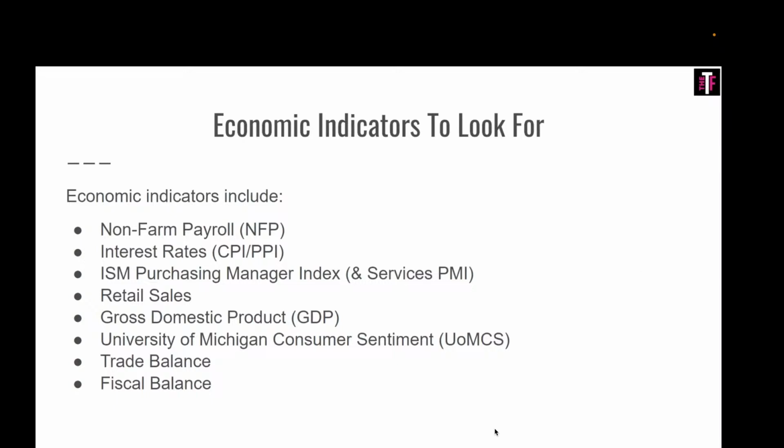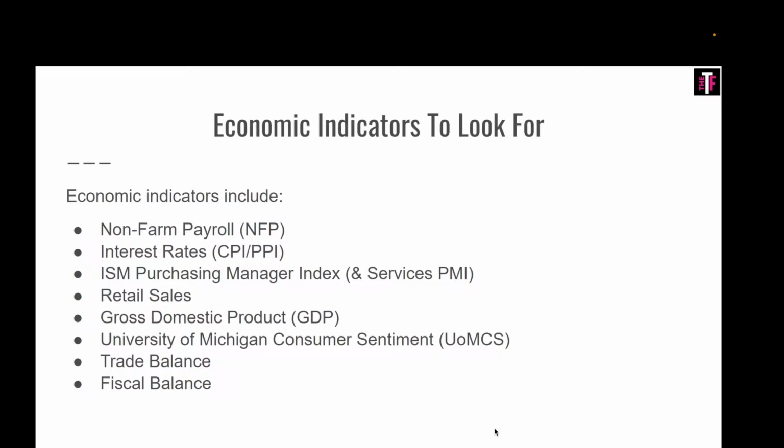So starting from the top, we have the big boy, non-farm payroll, NFP. Then right now interest rates are very, very important. The CPI and PPI, the consumer price index and the producer price index, followed by the purchasing managers index, and we also have services PMI. Then we have retail sales, which can be medium to high news depending on what time of the year it is.